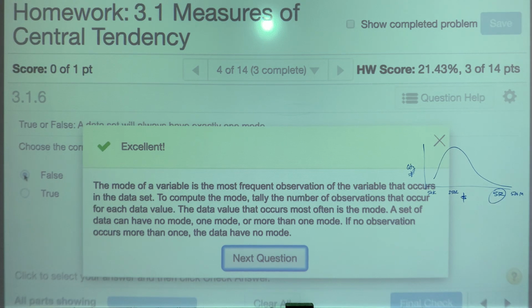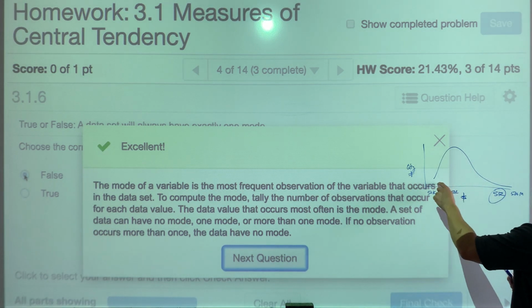Let me give you an example of that. If we look at our problem here with the housing, we could have 10 houses that are 250,000 in our data set. We could have 5 houses that are 50,000, one house that is 500 million. If they say there's only one mode, then that means only one price occurs most often, like the 10 homes at 250,000. But we could potentially have 10 homes that are also at 50,000.